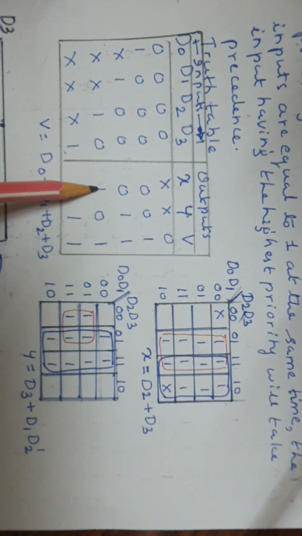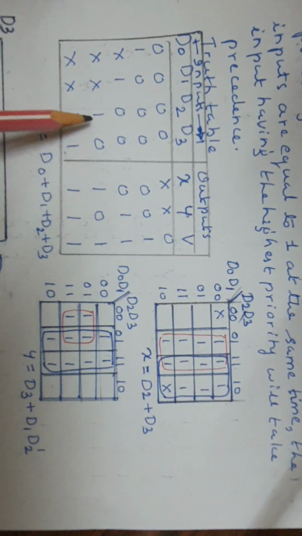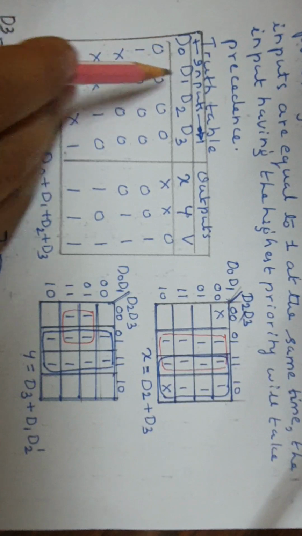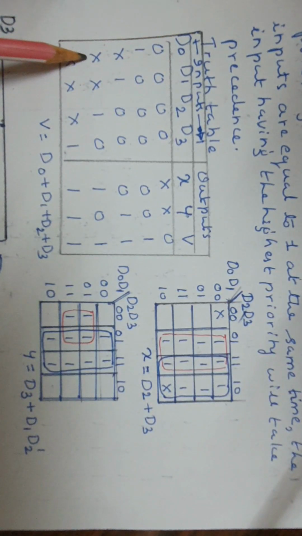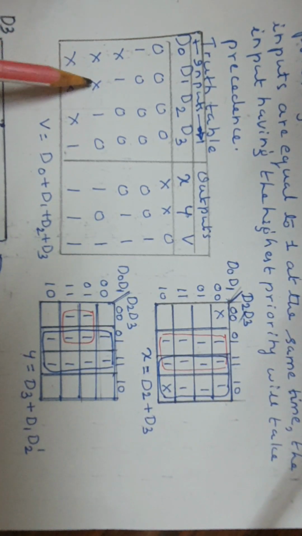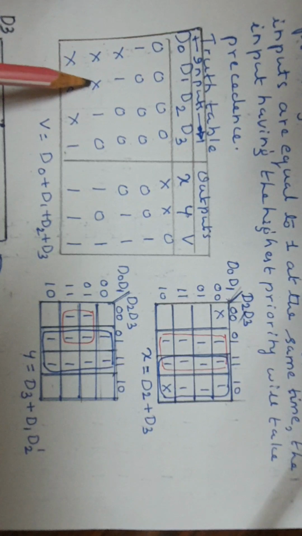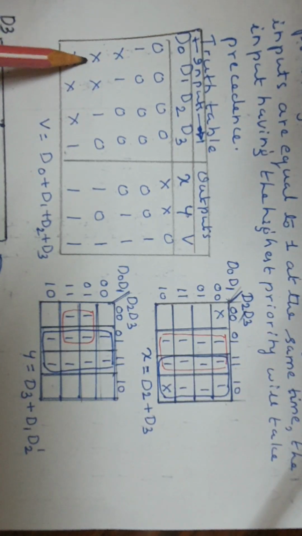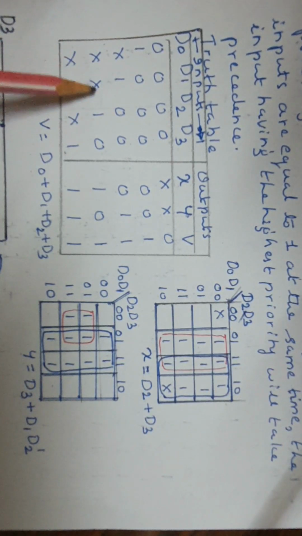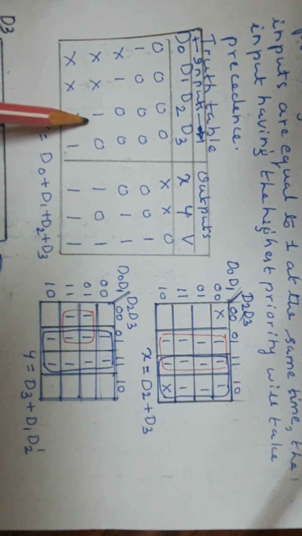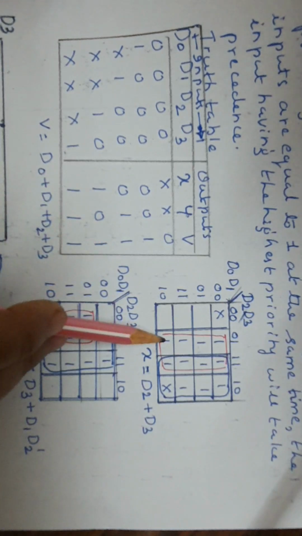X equals 1 when D2 is 1 and D0, D1 are don't care conditions. X, or a cross mark, means whatever be their values, they may be 00, 01, 10, 11. Hence instead of only one condition, for 4 conditions it is 1.